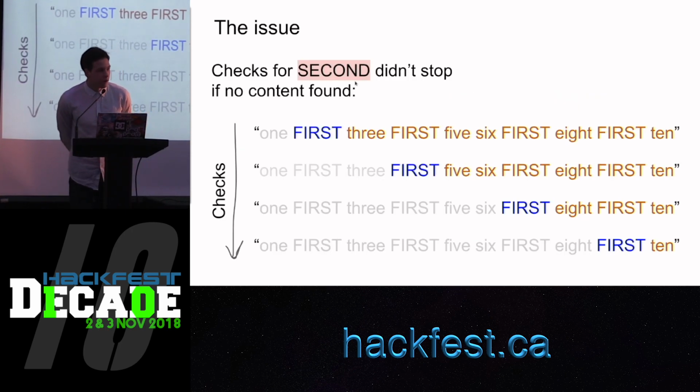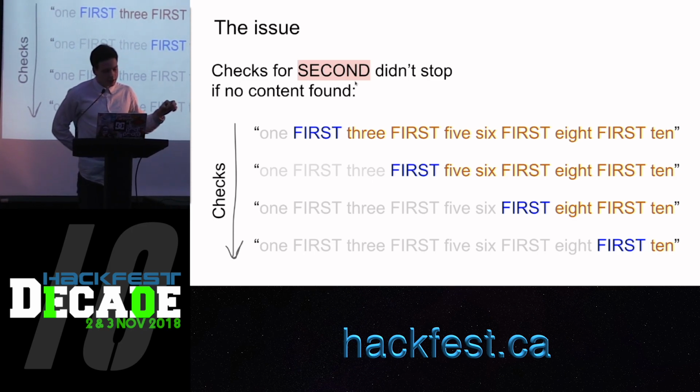So the logic flow I found is there is a content with 4 words first. The IDS system found the first one and tried to find the word second after word first. Oh, I mixed up. So now it checks the rest of the content and it didn't find the word second. And instead of stopping further checks, it does the following.